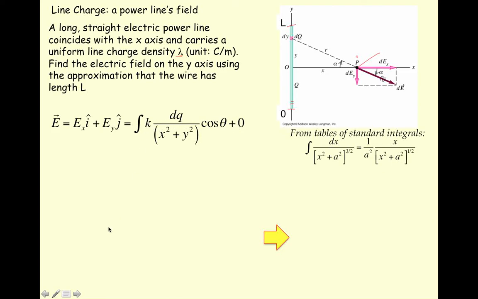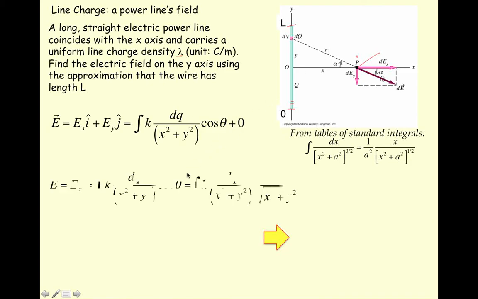And then I have very similar to what I had before, where dq over x squared, this is r squared, which is x squared plus y squared, and then cosine theta. In this case, this is really theta, not alpha. So cosine theta is equal to x divided by the square root of x squared plus y squared.